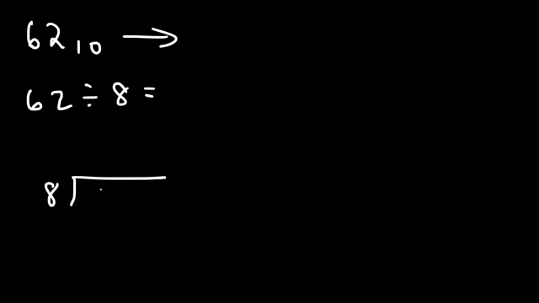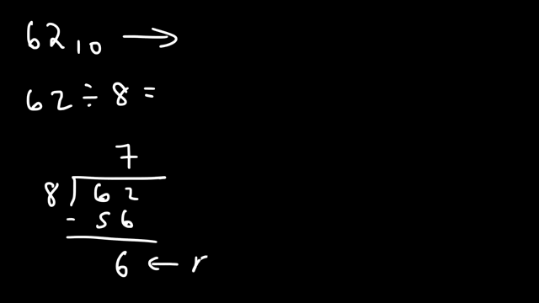How many times does 8 go into 62? 8 goes into 62 7 times. 8 times 7 is 56, and 62 minus 56 is 6. So this is our remainder. So 62 divided by 8 is 7, remainder 6. And so that's how we can do it.